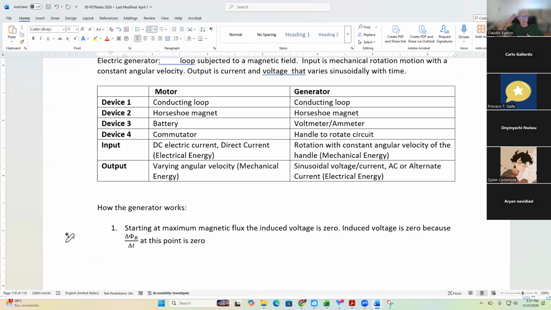It was increasing just before it reached the peak. Delta phi over delta t was increasing. Just after it reached the peak, delta phi over delta t is decreasing. What does it mean? It means that delta phi over delta t was zero at that very moment. Starting at the maximum.